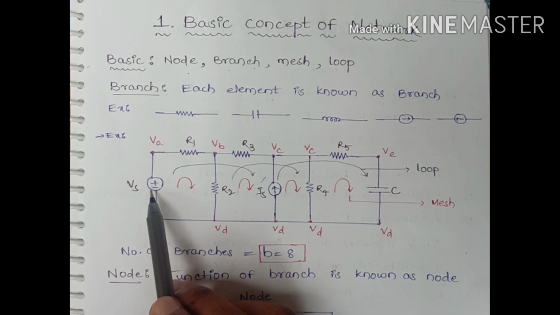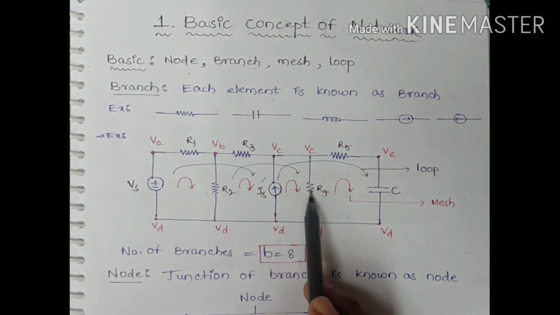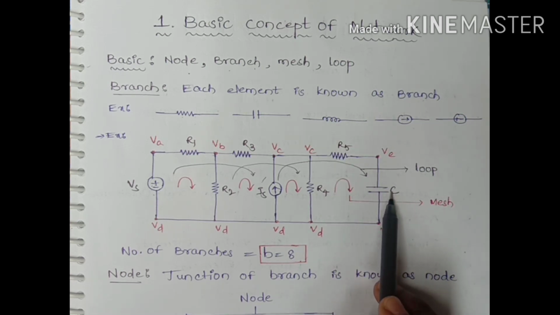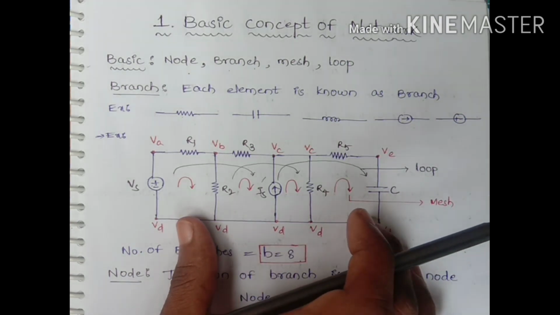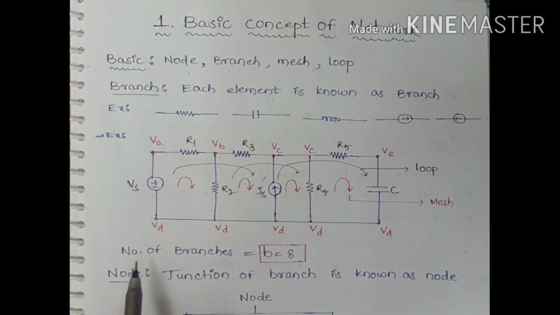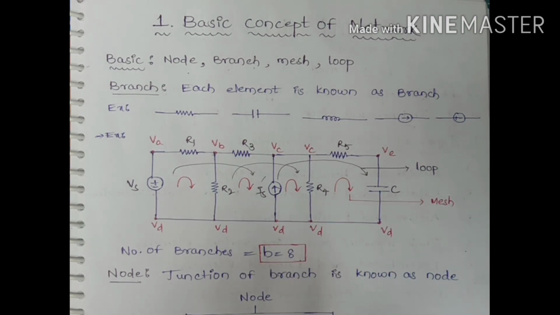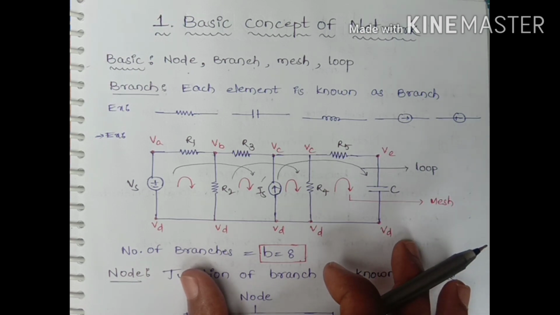Number of elements in this network are 1, 2, 3, 4, 5, 6, 7, 8. The number of elements in this network are 8. So number of branches in this network are 8. Number of branches is denoted with B. So B is equal to 8. This is about the branches.